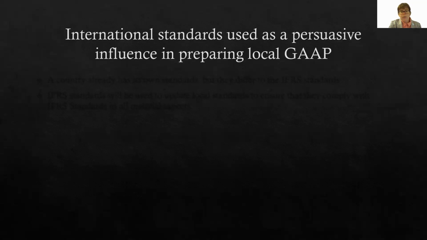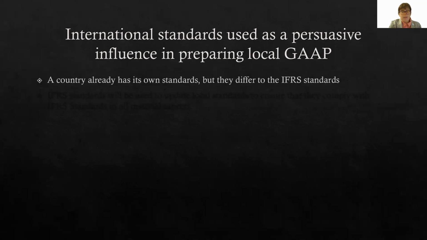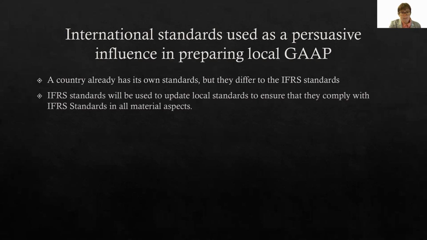Alternatively, we could use the international standards as a persuasive influence in preparing a local GAAP. So if a country already has its own standards, but they differ from IFRS standards, this may be used. IFRS standards will be used to update local standards to ensure that they comply with IFRS standards in all material aspects.